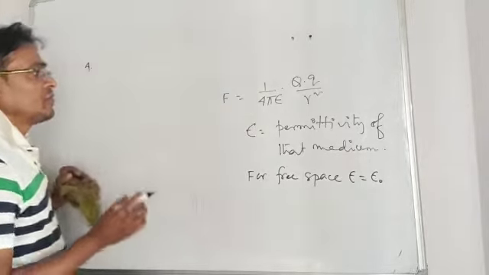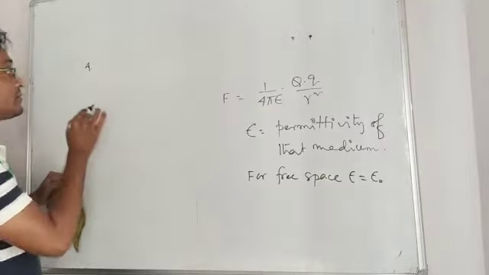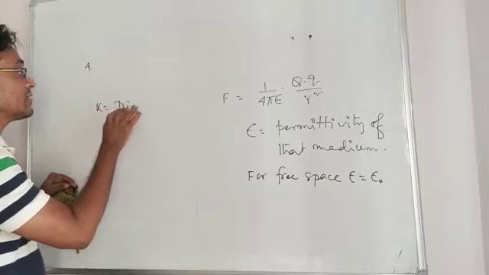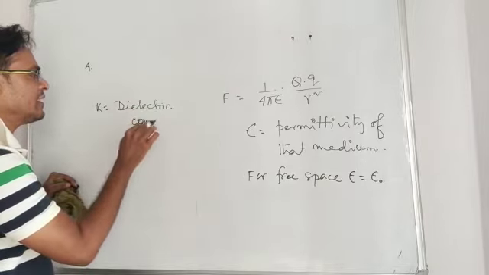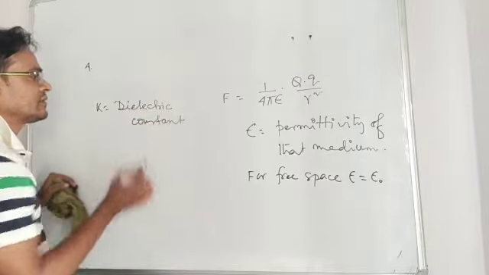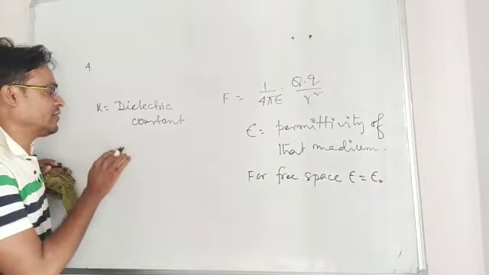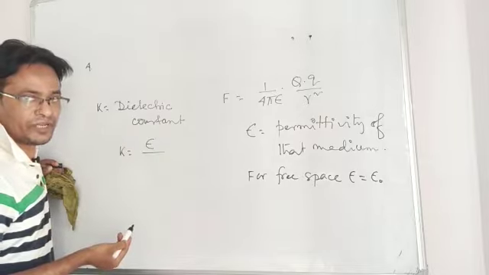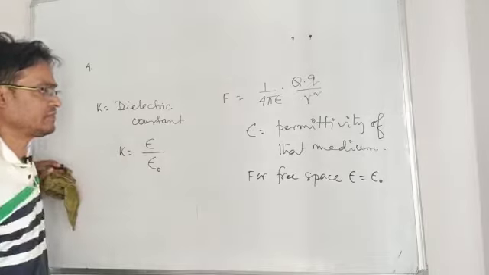So then what people did, they found out another constant, K. This is another constant, K, and it is given the name dielectric constant. But what is the dielectric constant? A dielectric constant is the ratio of permittivity of that medium to the permittivity of free space.